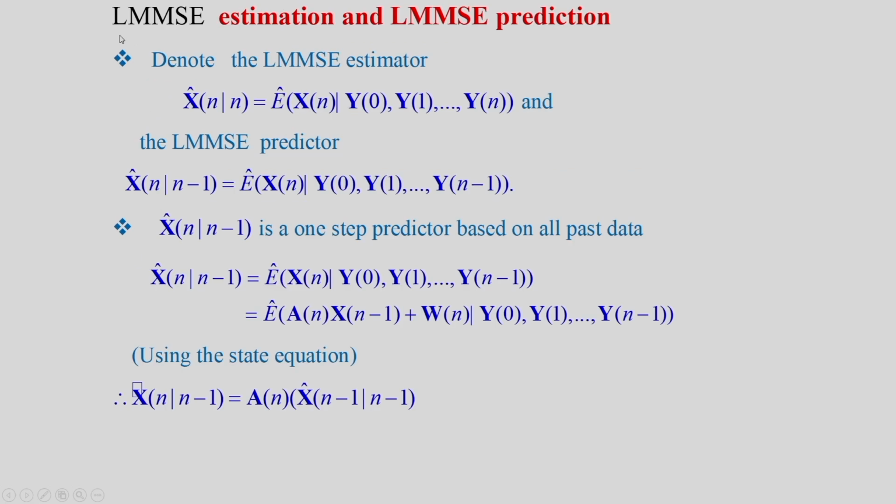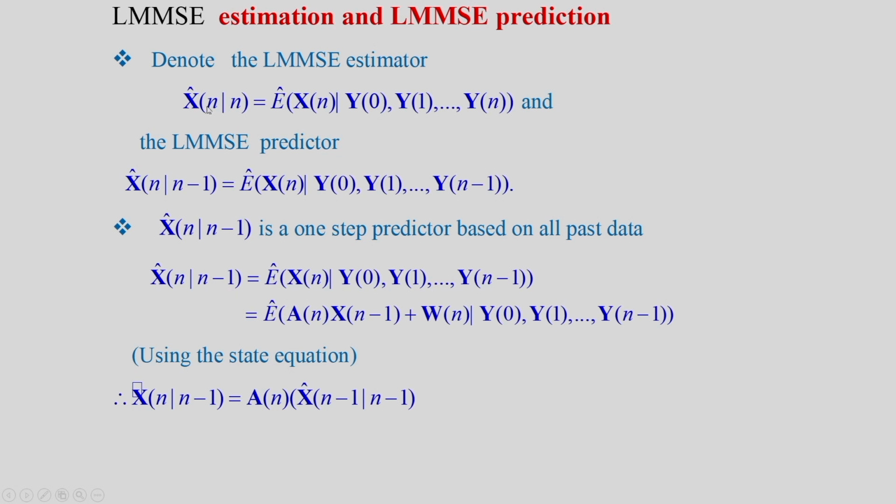Now, let us see linear minimum mean square error estimation and linear minimum mean square error prediction associated with the Kalman filter. Denote the LMMSE estimator by x hat n given n. E hat is the symbol for linear minimum mean square error estimator.